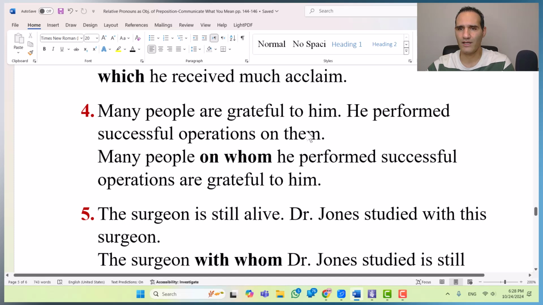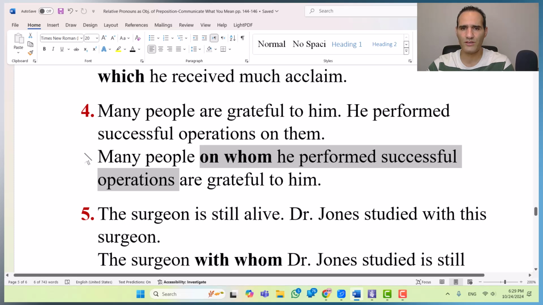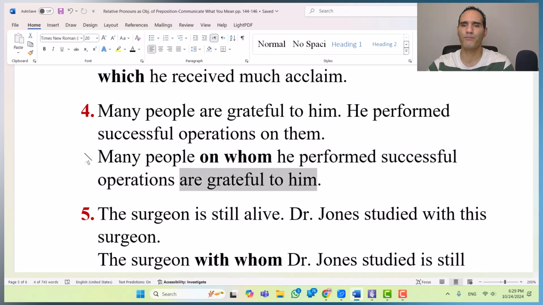Firstly, we analyze. What word are we modifying? We are modifying the word people because it says he performed successful operations on them. So the adjective clause follows the word people, and because it is people, it is whom. The preposition is on, so now everything is ready. Many people on whom he performed successful operations are grateful to him.